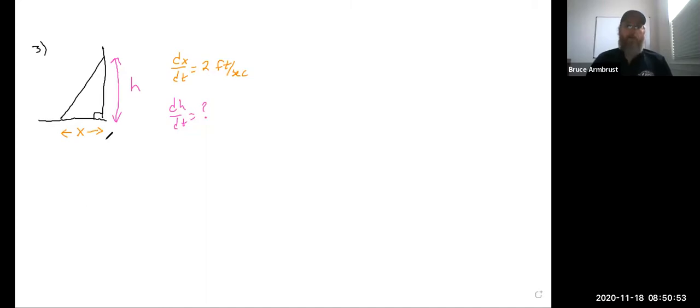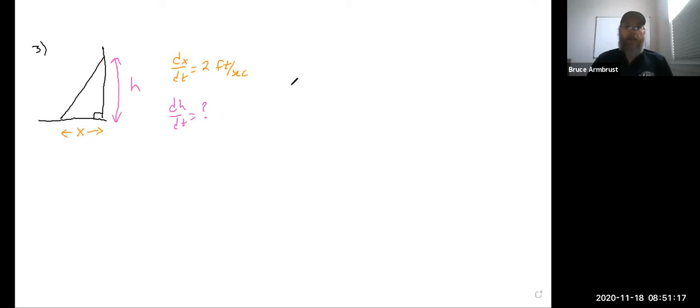So you notice I didn't put any numbers or anything here on this picture. I don't want to do that yet. When I do these, I like to first just put the quantities, try to get variables to show the things that I'm either trying to find or are being told. So now I need some sort of relationship between x and h.